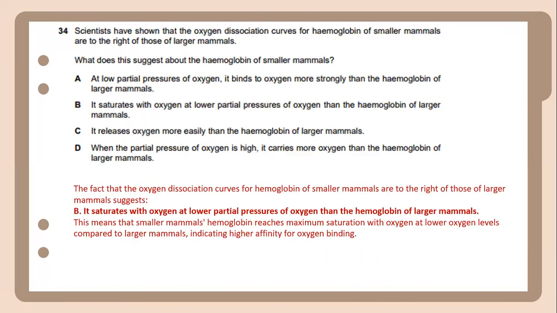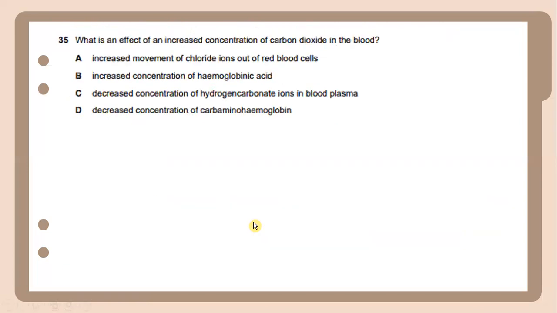It suggests that it saturates with oxygen at lower partial pressures of oxygen than the hemoglobin of larger mammals, which means the smaller mammal hemoglobin reaches maximum saturation at a lower oxygen level, which indicates higher affinity for oxygen binding. So the answer will be B.